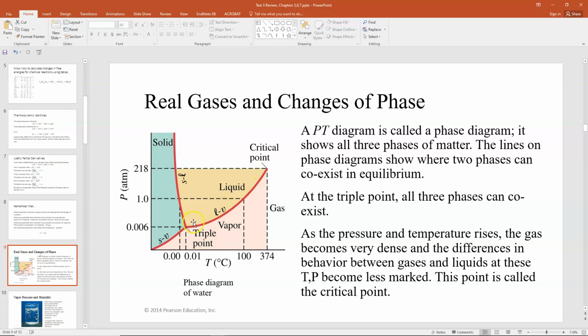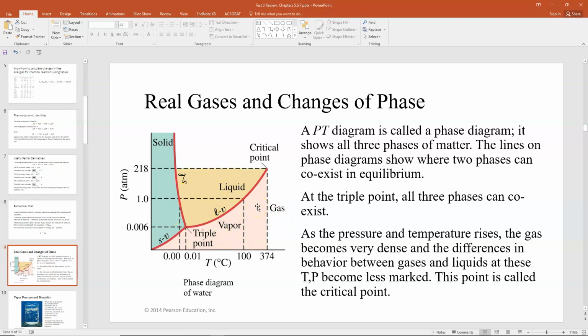The L-V line is liquid and vapor, and so on. And then in between those lines on the diagram are where you're going to have the different phases. For example, between the axes and the SV and SL lines, that's where you're a solid. Your vapor is over here in the pink, and the orange is the liquid.